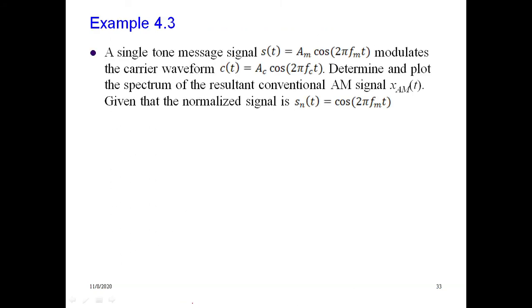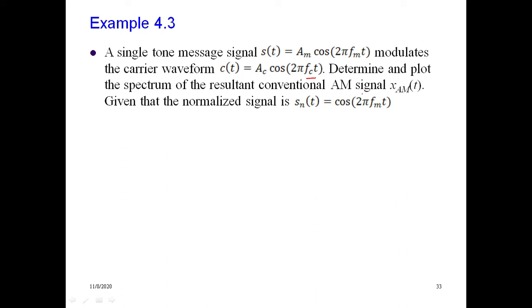All right, let's see this example. Just put a general AM: the message is cos 2 pi FMT, and the carrier is AC, the amplitude of the carrier, cos 2 pi FCT, the frequency of the carrier. Then determine and plot the spectrum of the conventional AM.